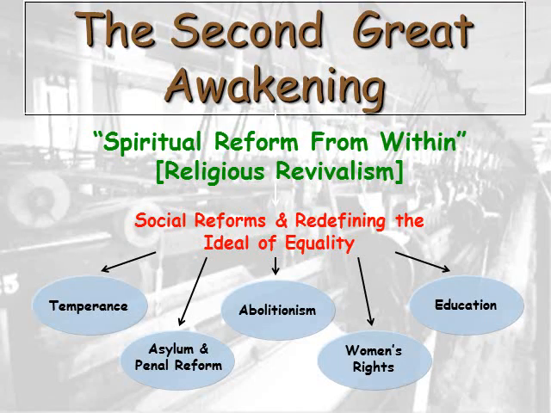It involves a plethora of Protestant religious denominations. I'm going to highlight some of the more unique ones, but keep in mind that there were a number of mainstream denominations involved. Congregationalists and Methodists were very big in the Second Great Awakening. Baptists were very big as well.